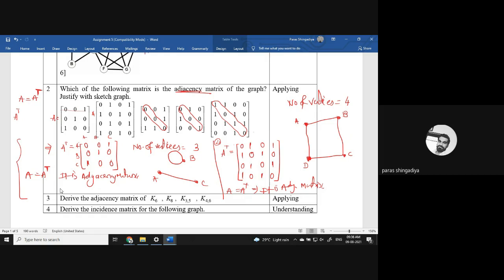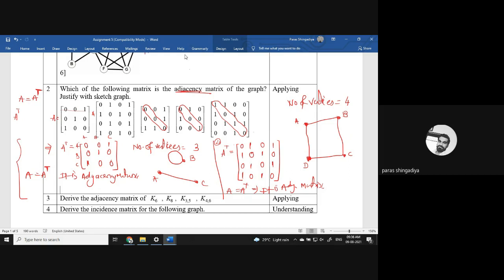Now in the third matrix, you will get this type of graph. No loop, and A to C is connected, B to C is connected. Three vertices are there.